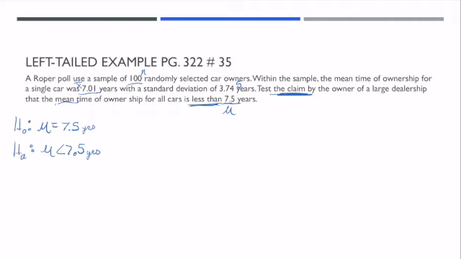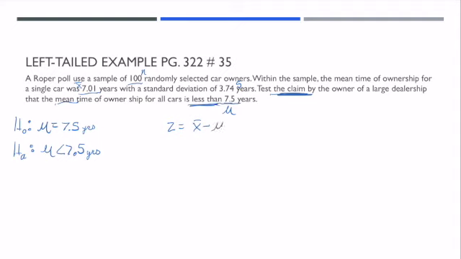Okay, I have all the information I need now that I have my null hypothesis and my alternate hypothesis. It does not tell us at what significance level we're trying to conduct this test, so we're going to try and check it at the 0.05 and the 0.01 significance level. So the first thing I want to calculate is my z-score, or standard score.